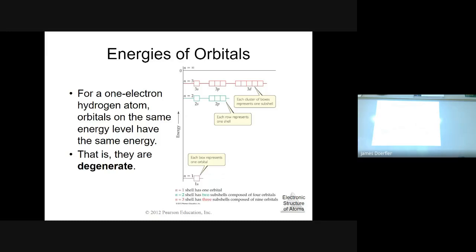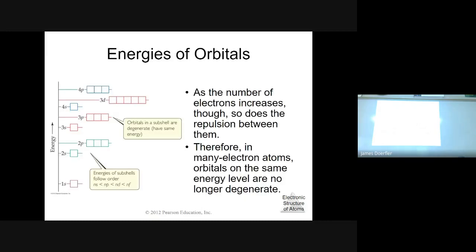When we start gathering electrons together, do they like to be attracted to each other? Do electrons like to be attracted? No, they don't. Why don't they? Yeah, they're negative. And what we know about like charges is that they repel.